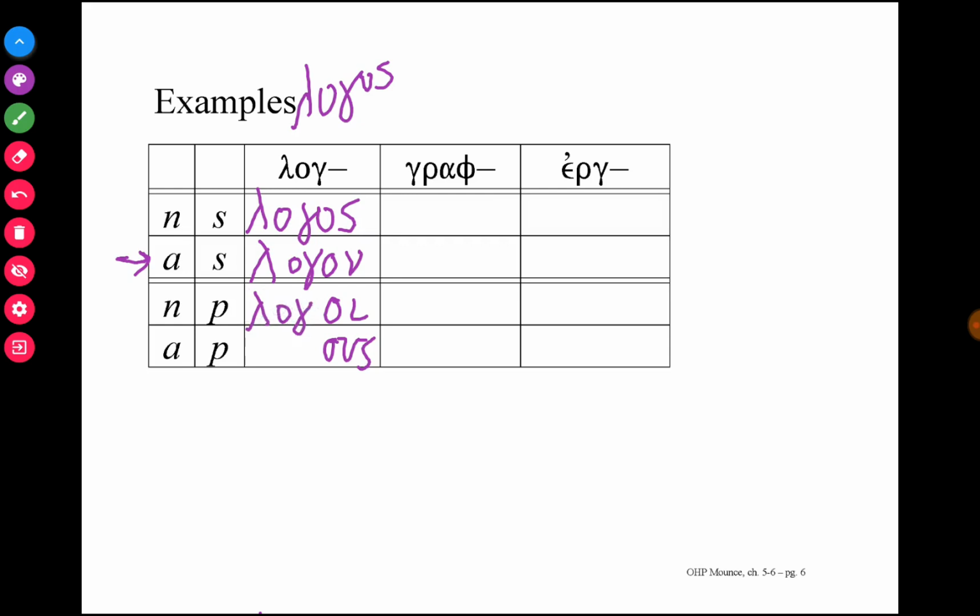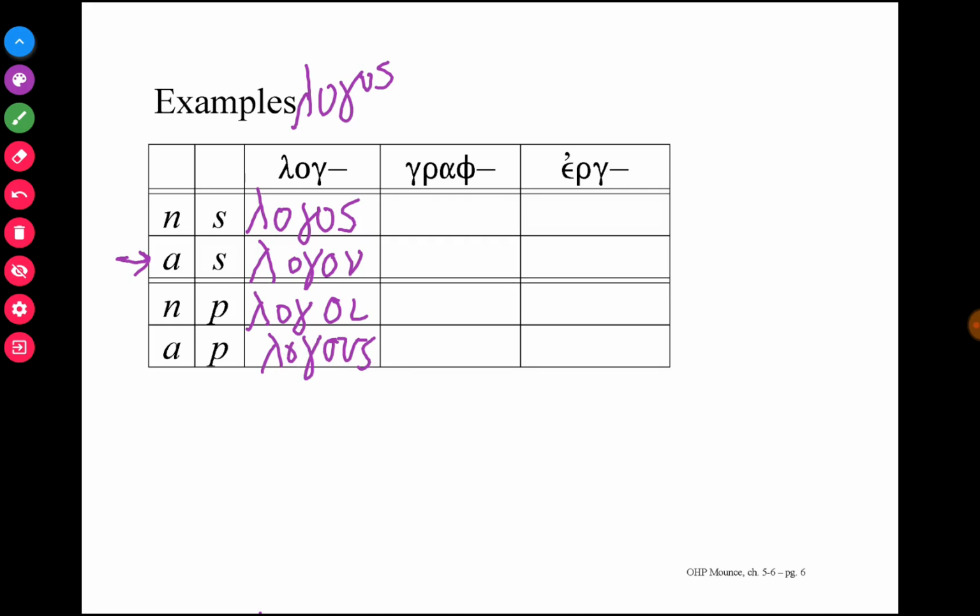I would use logoi. And if I wanted to say I sang the words, using words plural as a direct object, then I would use the accusative plural form, logous.